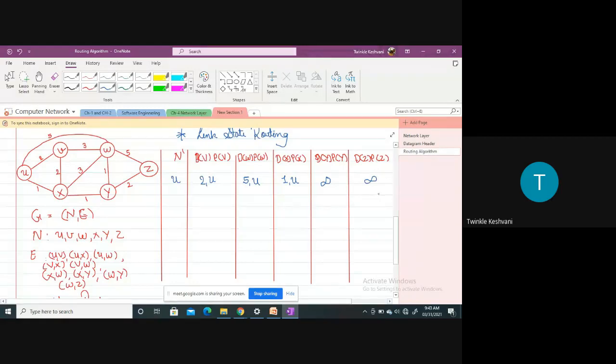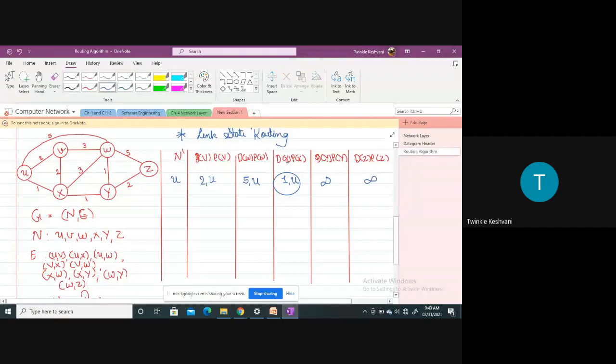Now analyze this row and find the least cost to reach a destination. Which is the least cost here? If I observe this row and find the least cost, the least cost here is 1, U. So we'll make a circle, right? And whose is that?